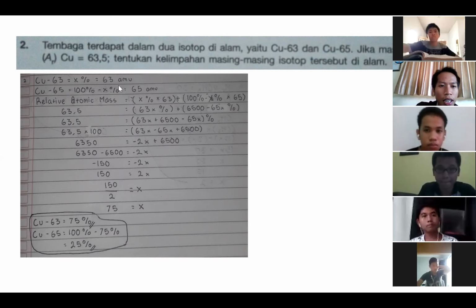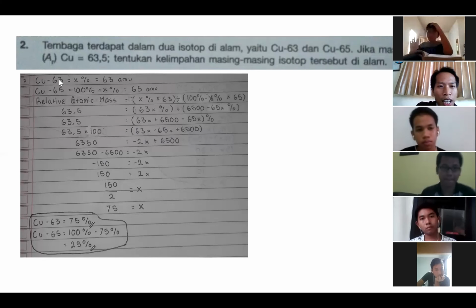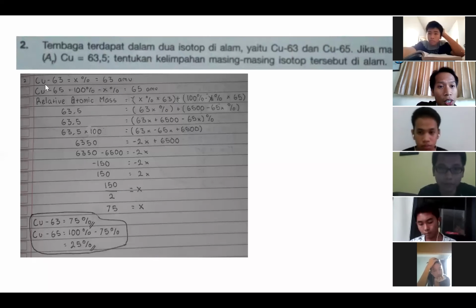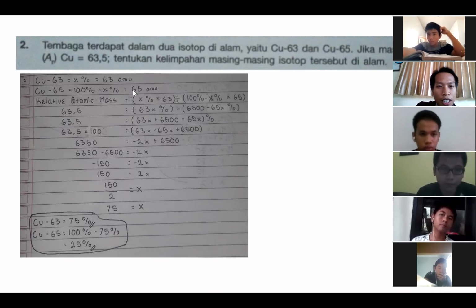For this, let's make an assumption. Let's say copper 63 is X percent, because we don't know its abundance. If copper 63 is X, then copper 65 will be 100 minus X. Copper 63 is 63 AMU, copper 65 is 65 AMU.